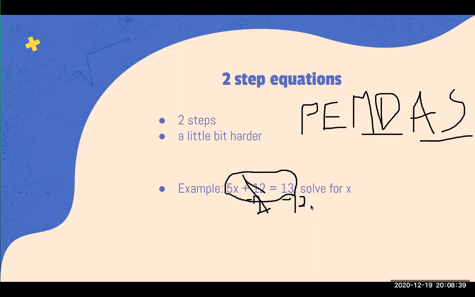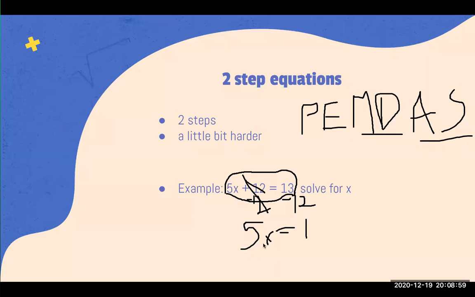You have to subtract 12 from this side also because whatever you do to one side, you also have to do to the other side to keep the equality. So we do 13 minus 12, that's 1. And you have 5x equals 1. Now this is just a simple one-step equation.